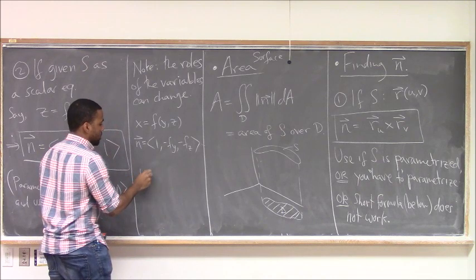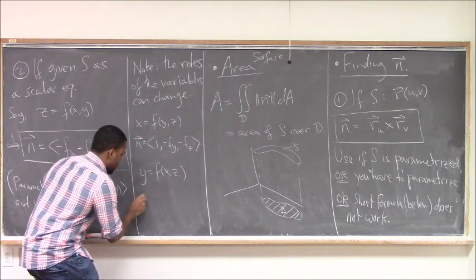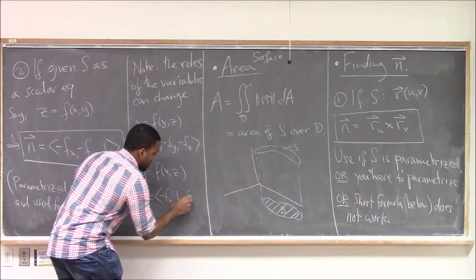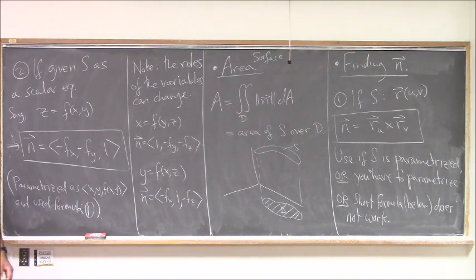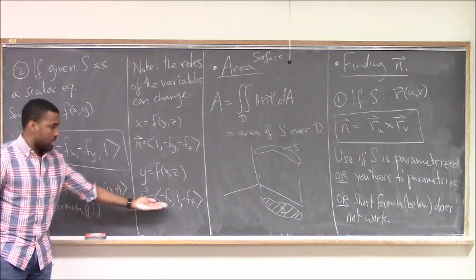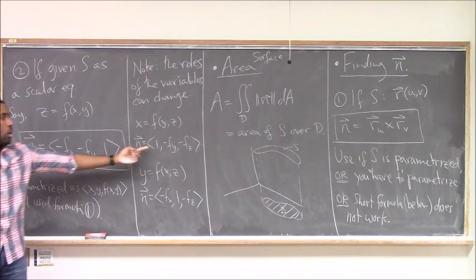Or if y is a function of x and z, then you can use the normal minus fx, 1, minus fz. Right, you can permute these. It just depends on what plane you want to project into. If you're projecting into the xy plane, this is the normal. Projecting into the yz plane, that's your normal. Projecting into the xz plane, that's your normal. You can swap who gets to be the 1.